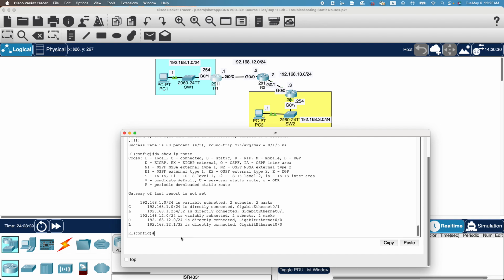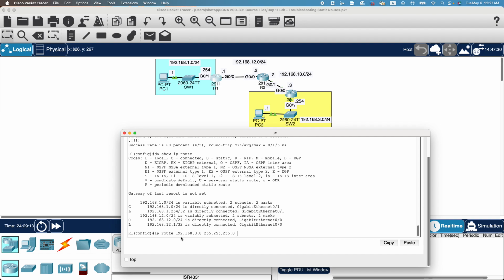All right, so let's do that. ip route to 192.168.3.0 can go out its gigabit 0/0 interface. We could just literally say that instead of giving a specific IP, but I'll just do it the way we've been doing it.